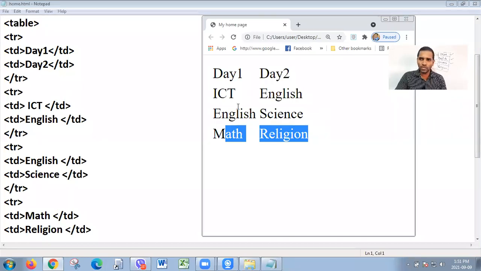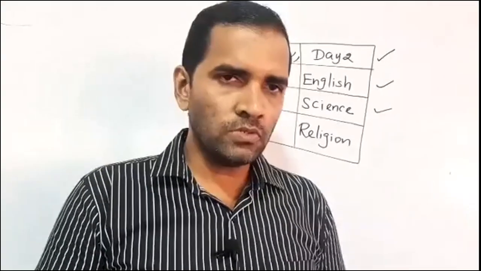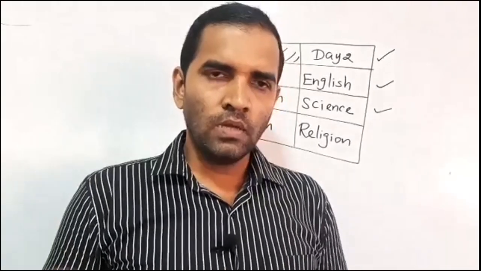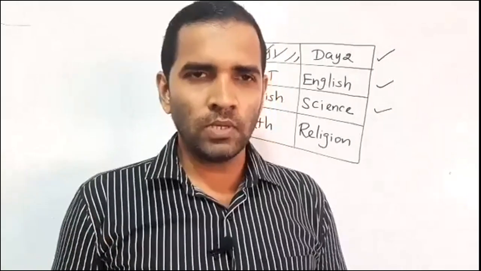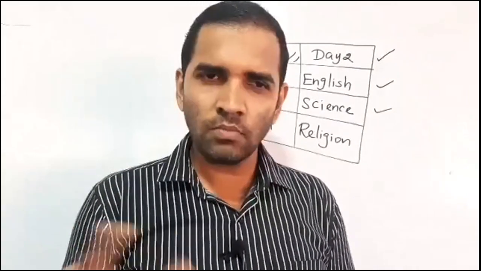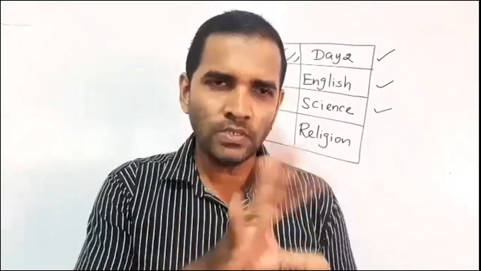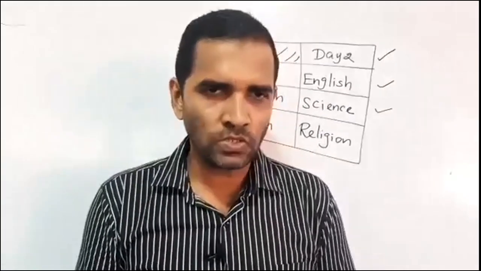I have written the coding in order to create a table, and definitely it is a table, but it's a borderless table. When it comes to tables, we always see them with borders, because if the border is not found, sometimes we are unable to differentiate the columns and the rows.